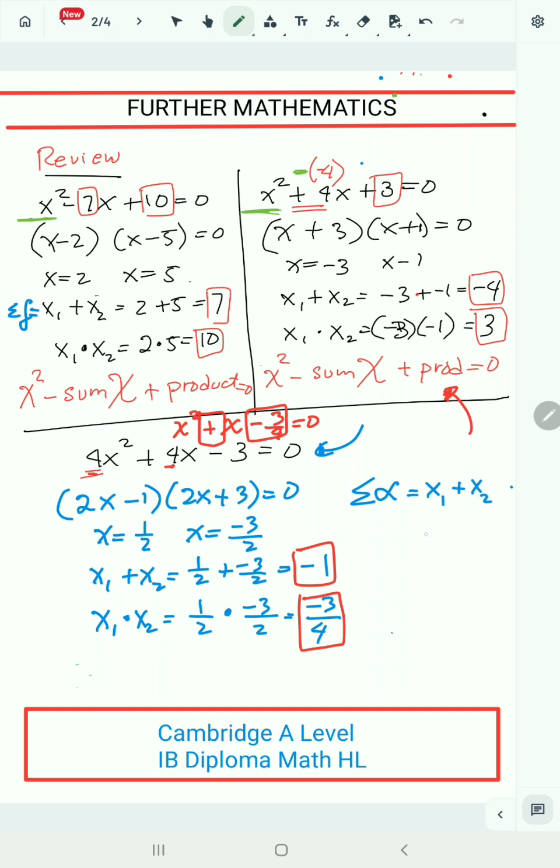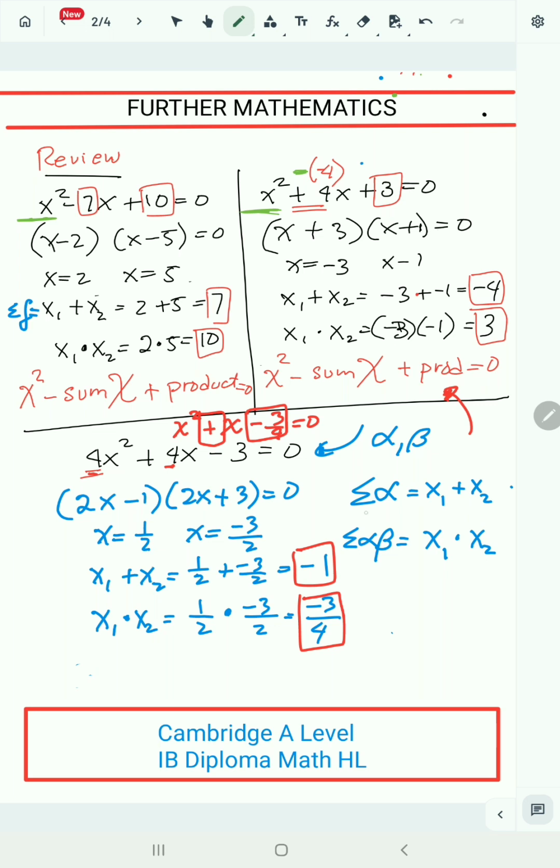The product, x1 times x2, we will write as sigma of alpha beta.